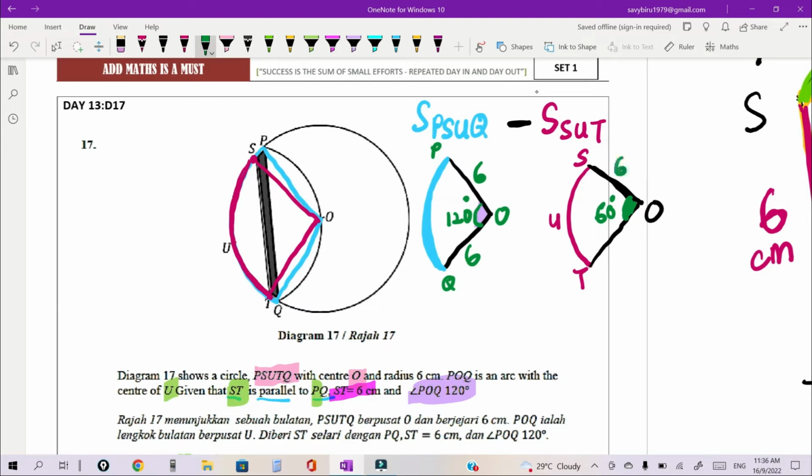The radius is the same, that is 6 cm. So you minus. Once you minus, you will get only this part, PS and TQ. One more time, find all together here to here, where this is PQ, the PSUQ arc length.